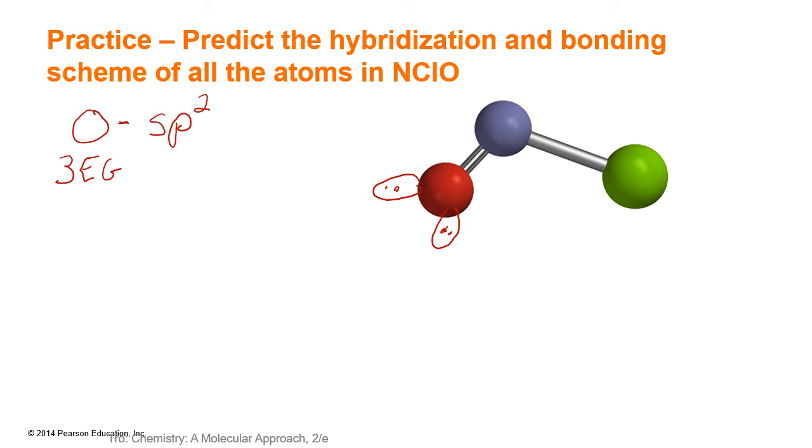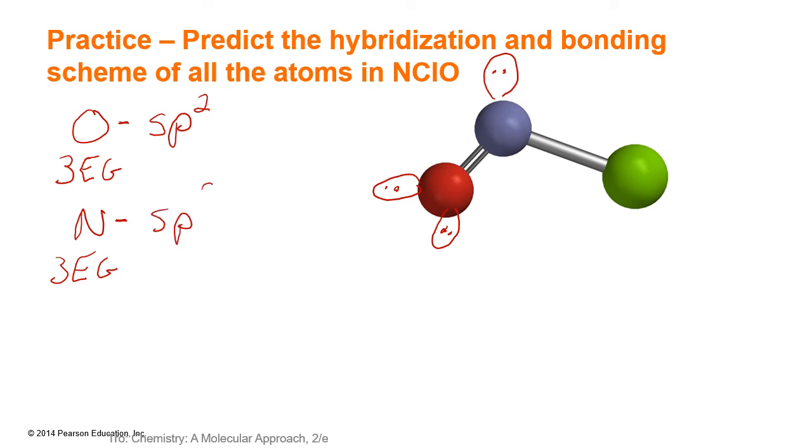If we look at our nitrogen, it is showing 6 electrons. We've got 4 in the double bond to the oxygen, 2 in the bond to the chlorine. We are going to have 1 lone pair on the nitrogen. So nitrogen has 3 electron groups, and so we need 3 orbitals to put those electron groups into.